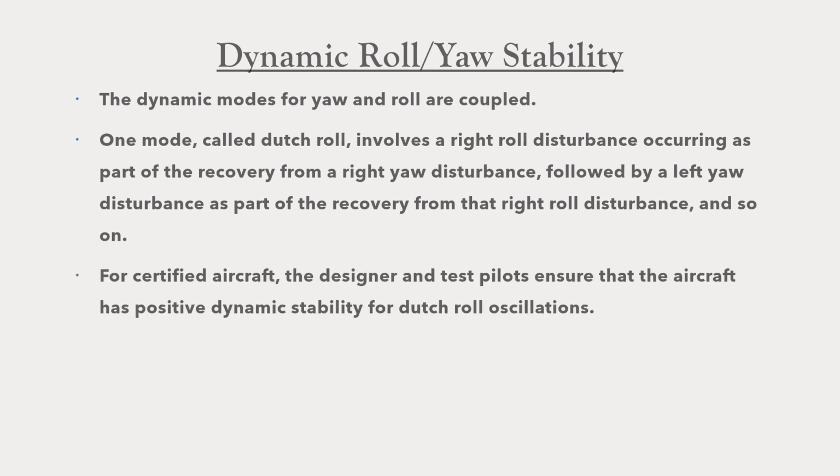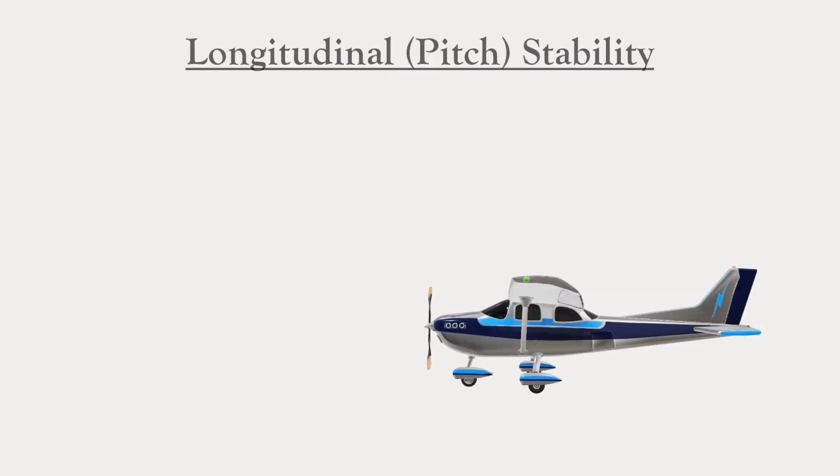One of the certification criteria for certified aircraft is that the aircraft have positive dynamic stability for Dutch roll oscillations. So your certified aircraft, these Dutch roll oscillations should not get out of control on you without you having to do anything. Moving on to pitch stability.